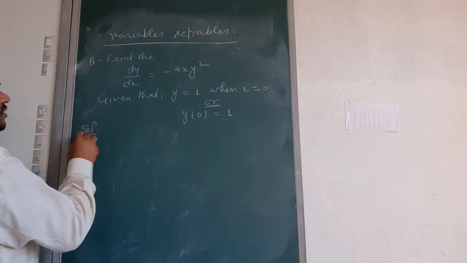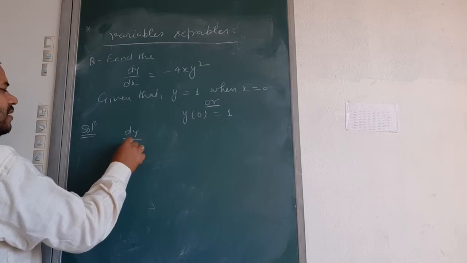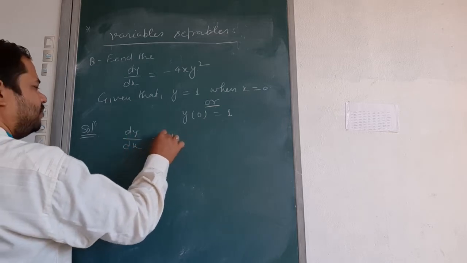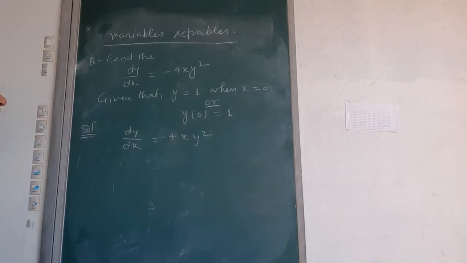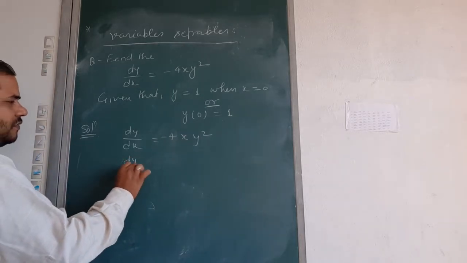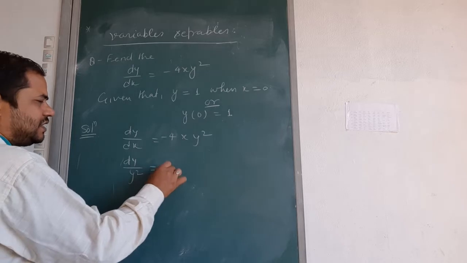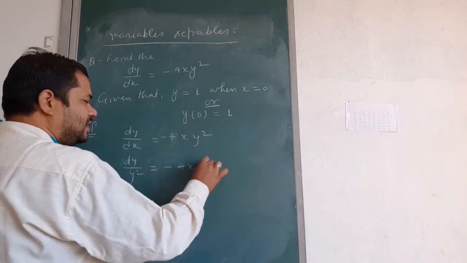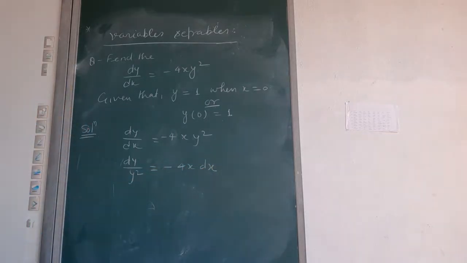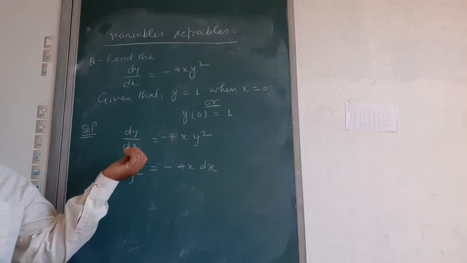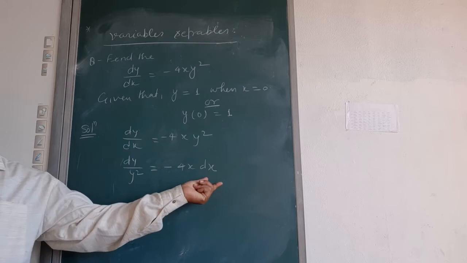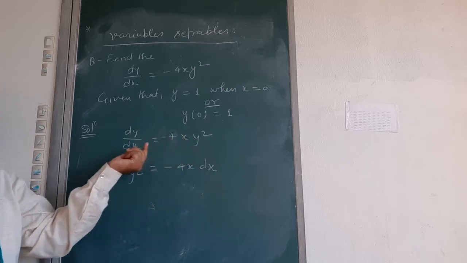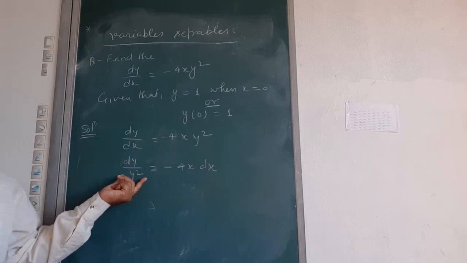Solution: this is variable separable. That means we have to separate the variables. So dy upon y square is nothing but minus 4x dx. Whatever x we have, we put with the dx, and whatever y we have, we put with the dy.